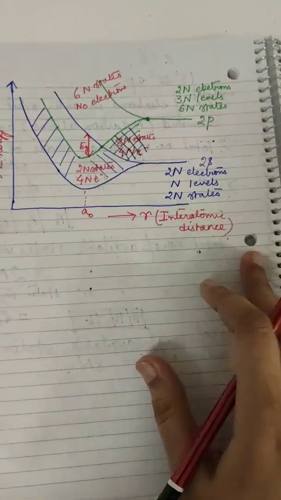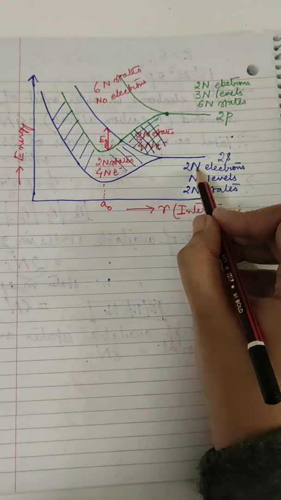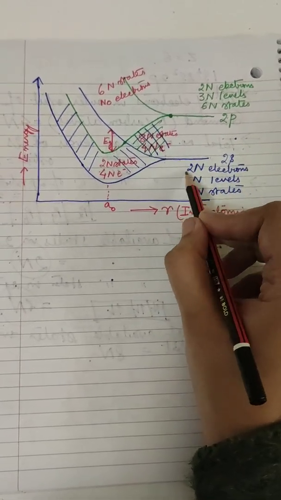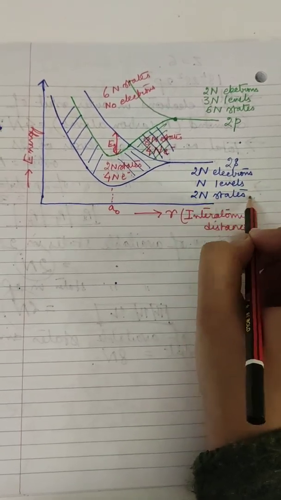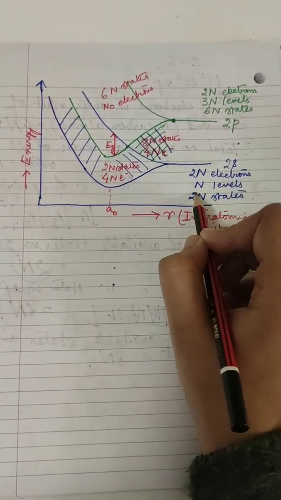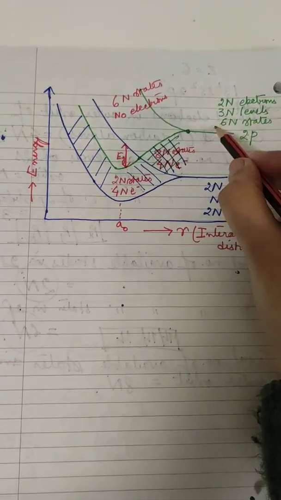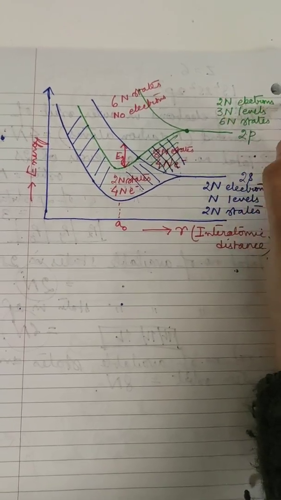I have already shown you that the 2s orbital has 2n electrons in the outermost orbit: n energy levels and 2n available states. The 2p orbital has 6n available states, 3n energy levels, and 2n electrons.